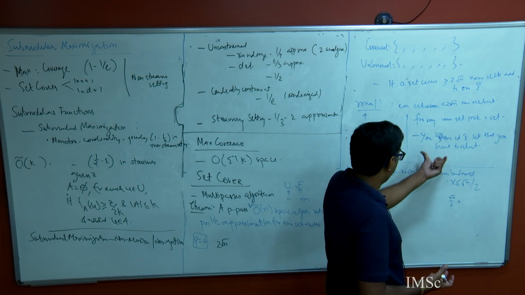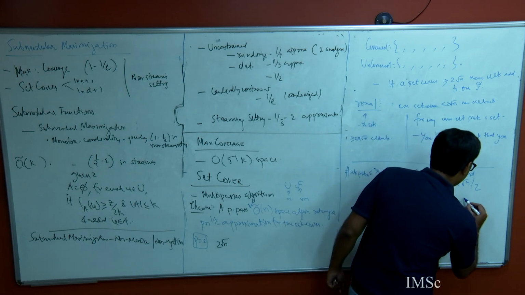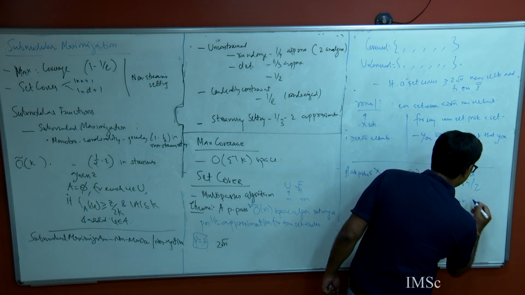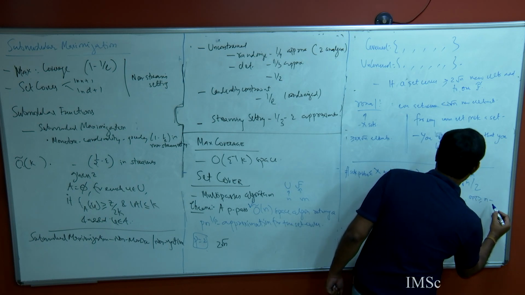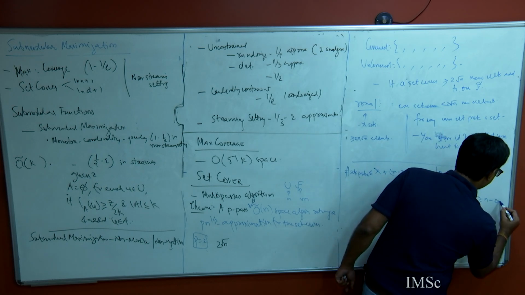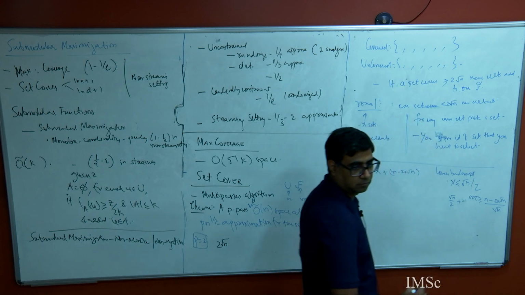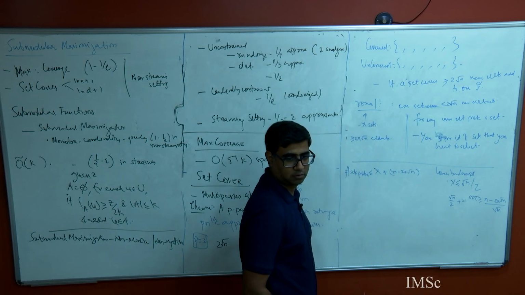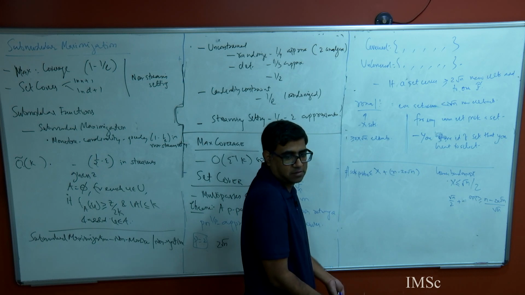The opt is at least n minus 2x root n by root n, because every set can only cover root n elements.